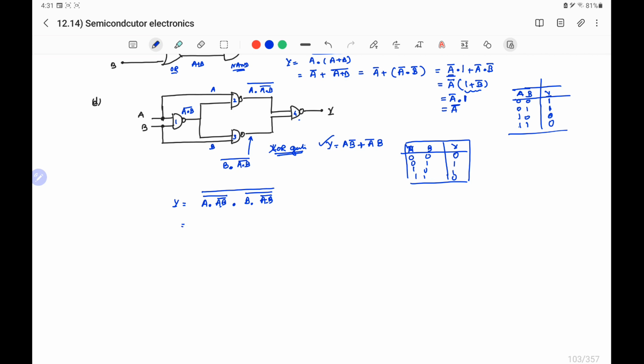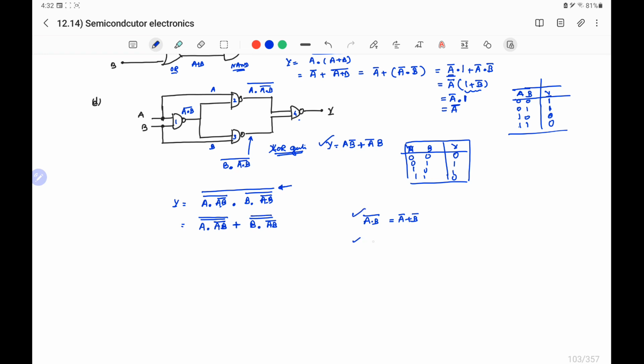Now on simplifying using De Morgan's theorem, that is, (A and B) complement will be equal to A complement or B complement, we will write it as A and (AB) complement, then complement, or B and (AB) complement, then complement.